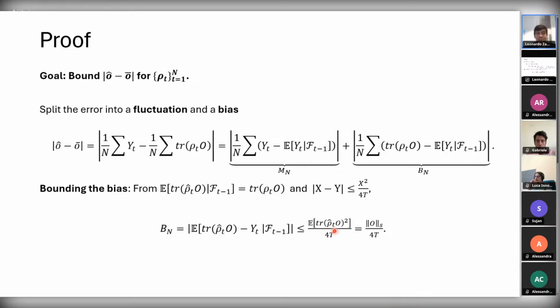And the quantity that you get in the numerator is just the definition of the shadow norm. And then, since we have the freedom of choosing the truncation parameter, choosing t to have this value and substituting here, you obtain that b is less than epsilon over phi. So the estimator is biased, but you can control the bias and make it small by choosing a good truncation parameter.